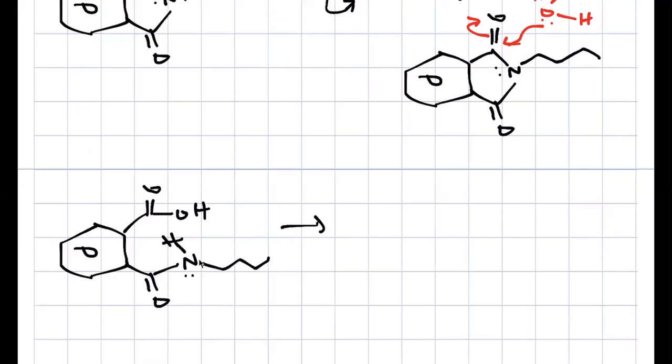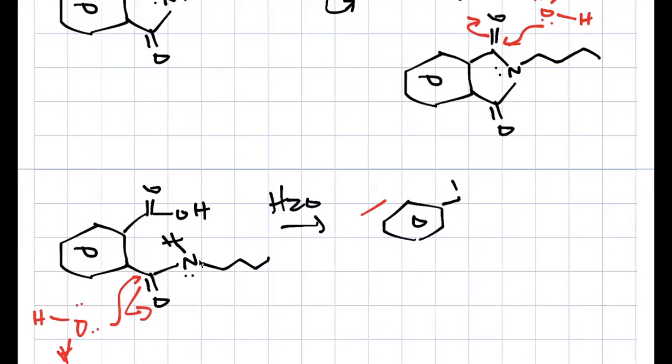Then you add the second water, and it attacks the other amide on this side. And so now you get this diacid as one of your products. It's the side product though. And then the amine.